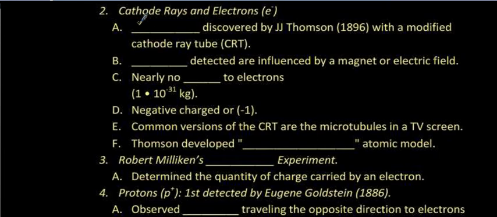Now, electrons were discovered by J.J. Thomson with a modified cathode ray tube, a CRT. And so here's how a cathode ray works.